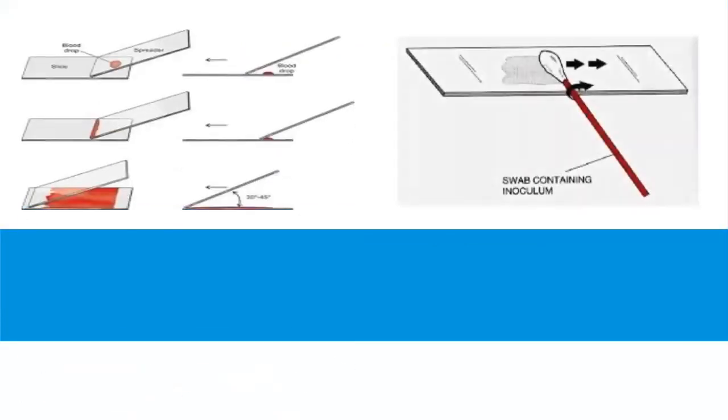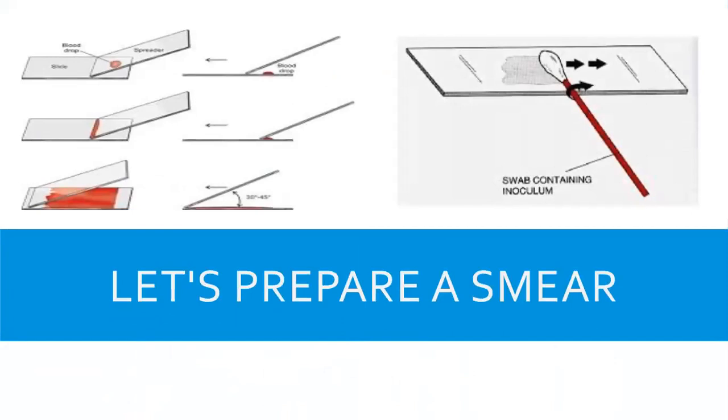Right, now how do we prepare a smear? When we want to see under a microscope, how do we know that it's been successful? So, what is the main thing that happens? We first take a swab inoculum. You see this thing, right?